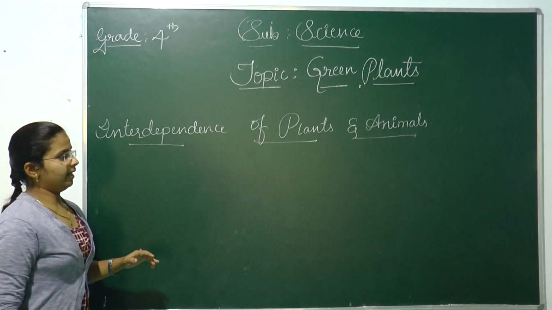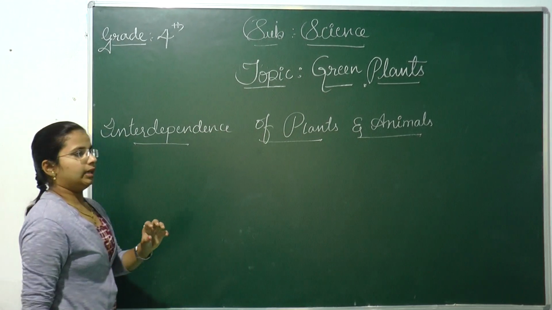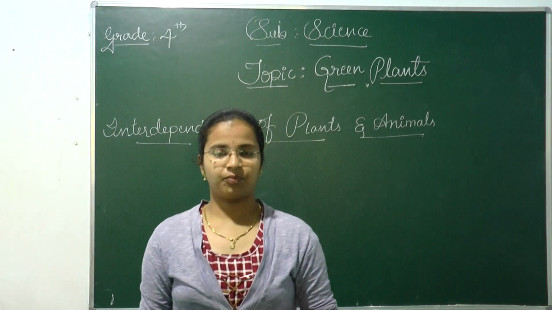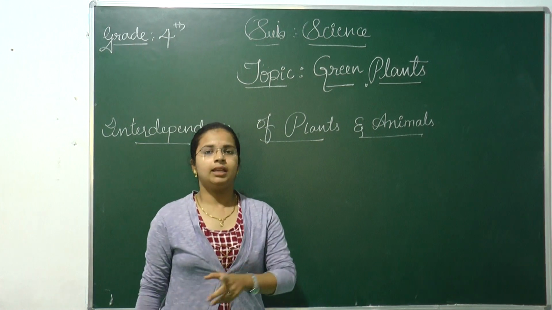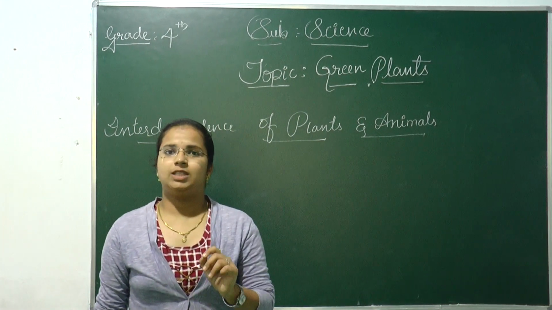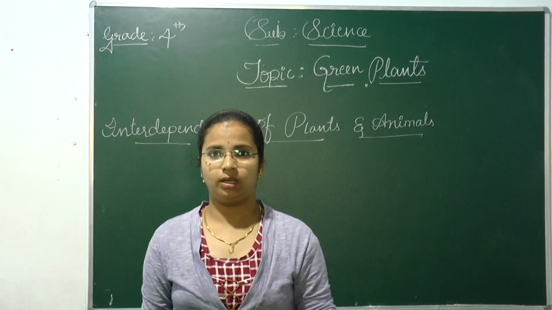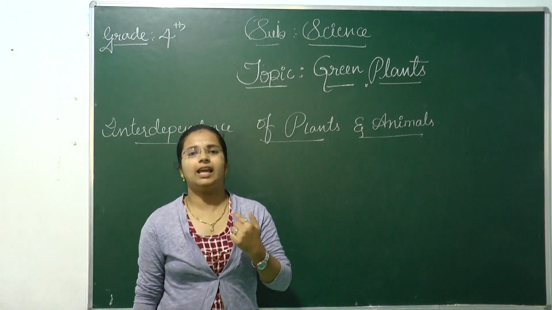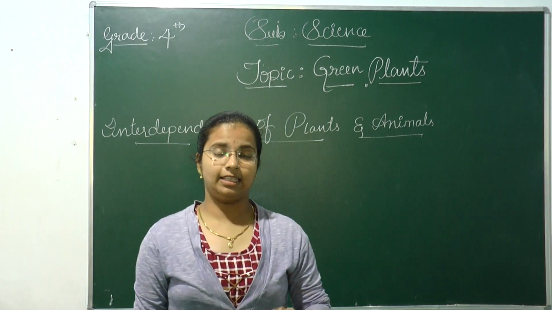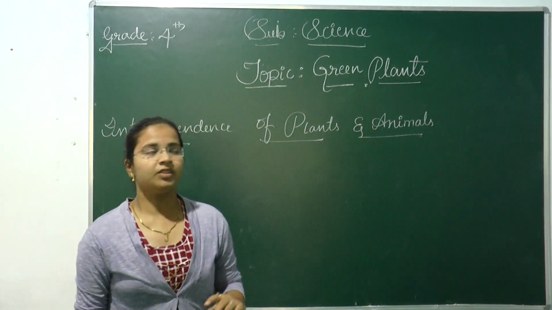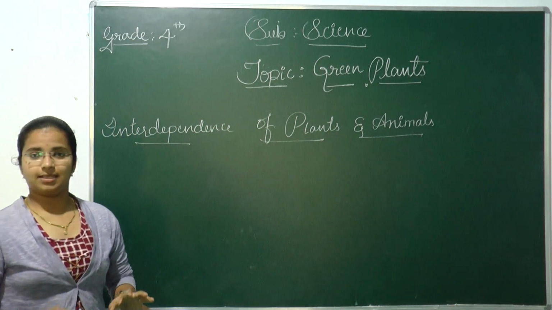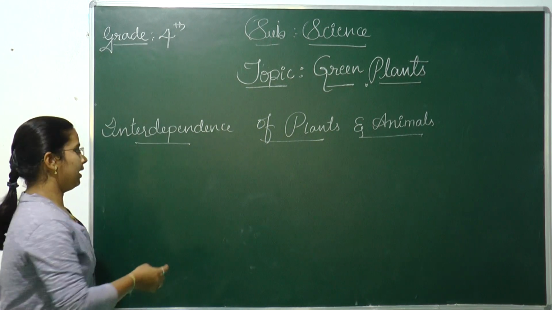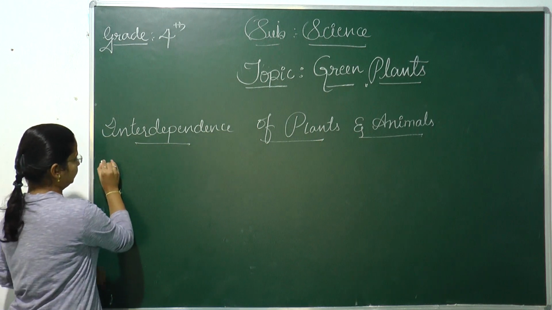As we studied in our previous class, class 3, all living organisms need food, where food is prepared by the plants on their own. Plant is the main source of food, the first stage of the food chain.